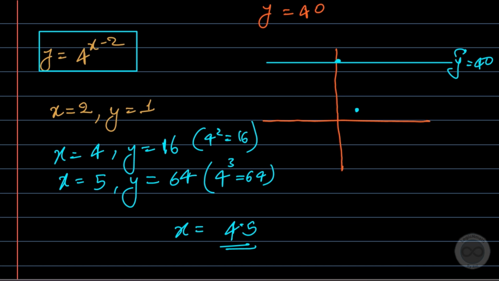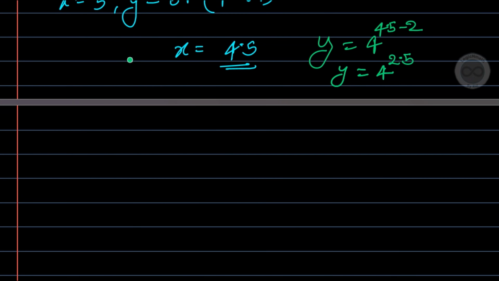So when x is equal to 4.5, we get y is equal to 4 raised to the power 4.5 minus 2, which is y is equal to 4 power 2.5. Now this power 2.5 can be solved as y is equal to 4 raised to the power 2 times 4 raised to the power 0.5.